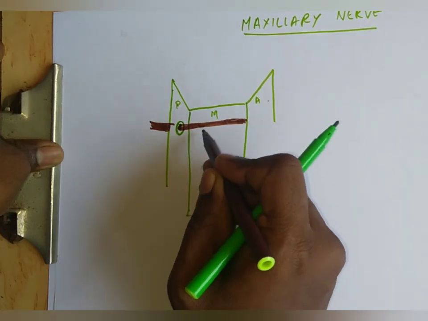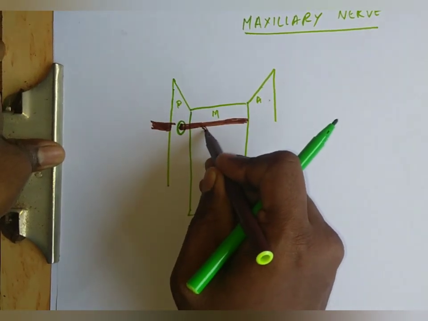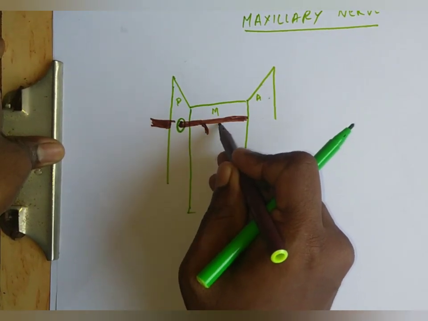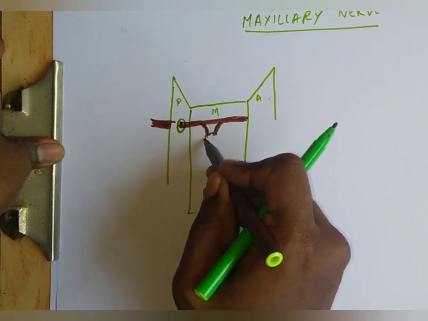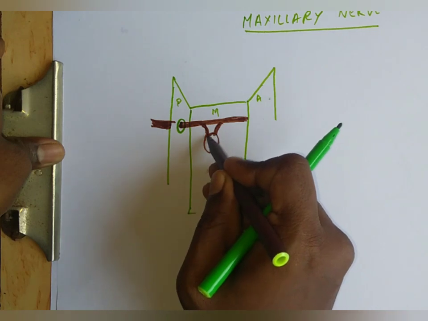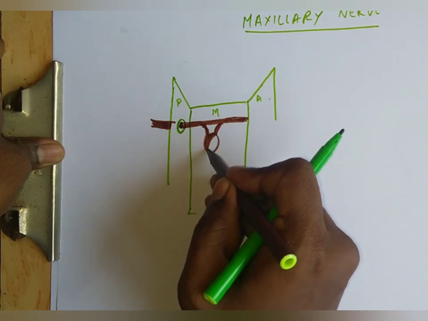Here it gives two branches inferiorly and it forms a large ganglia, the pterygopalatine ganglia.